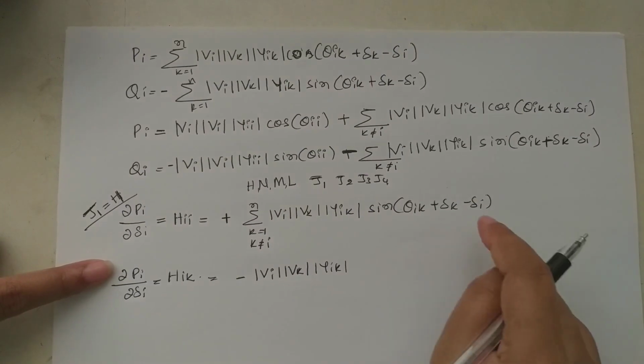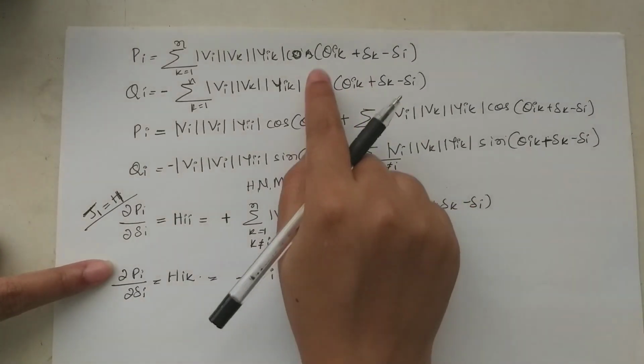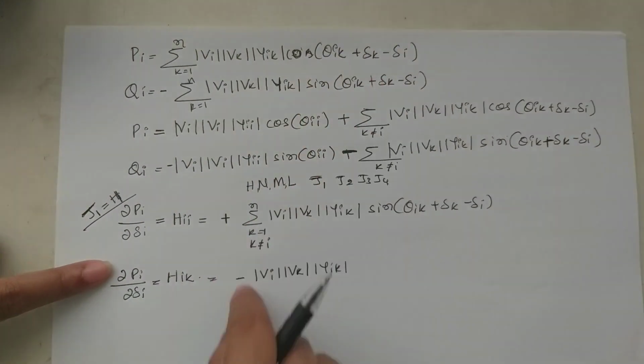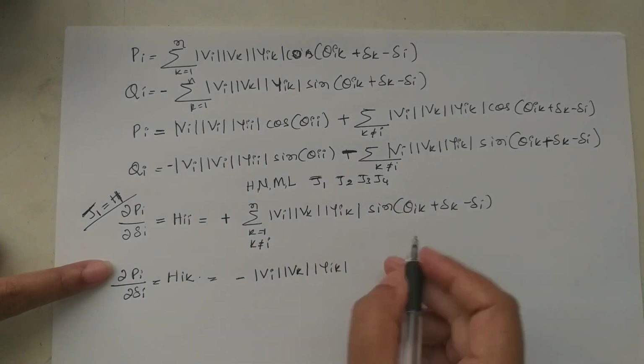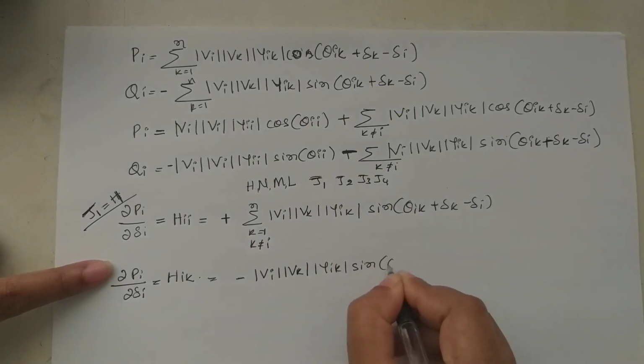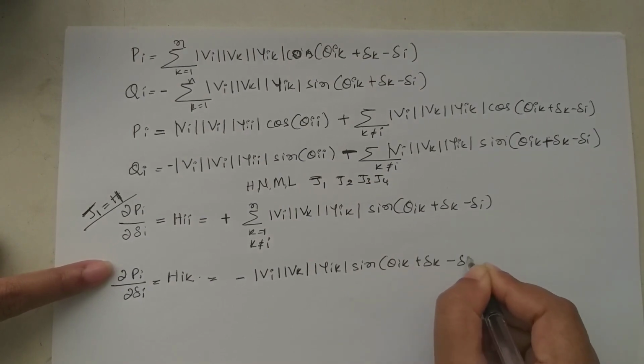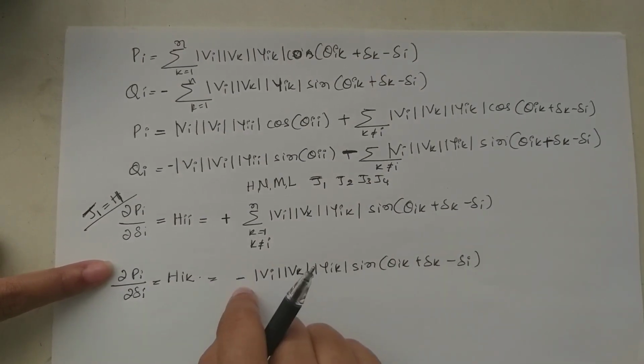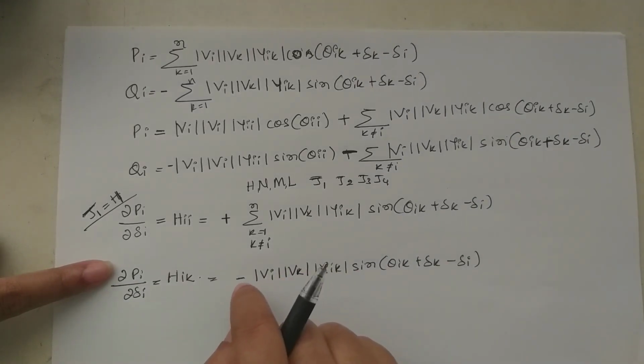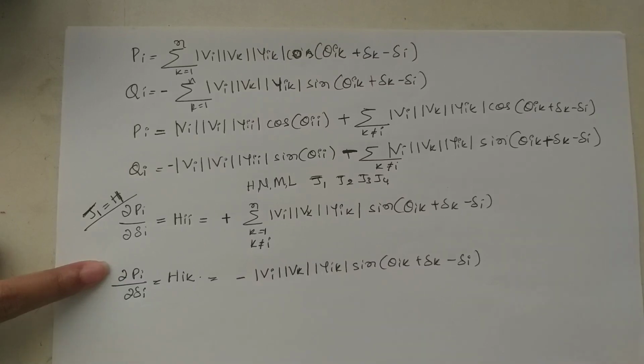Here delta k is inside the cos function, so the differentiation of cos gives a minus sign, that is what we are taking: minus sin(theta_ik + delta_k - delta_i). The coefficient of delta k is plus 1, so it is a minus only. Here we are not supposed to consider summation.